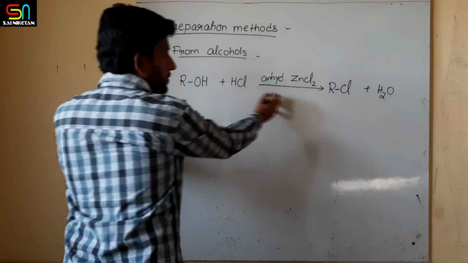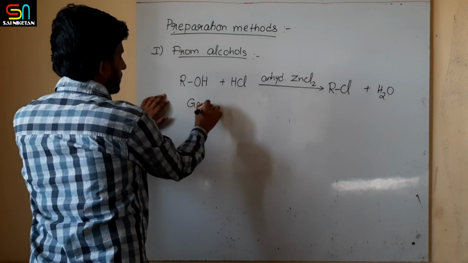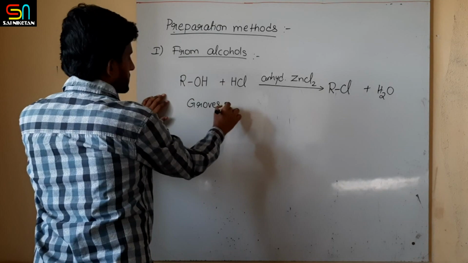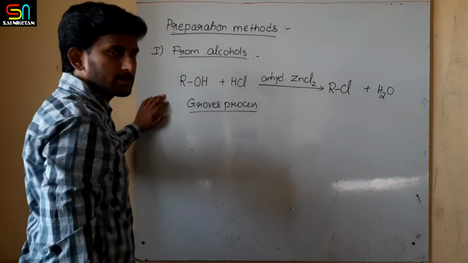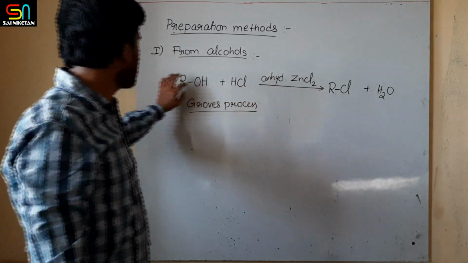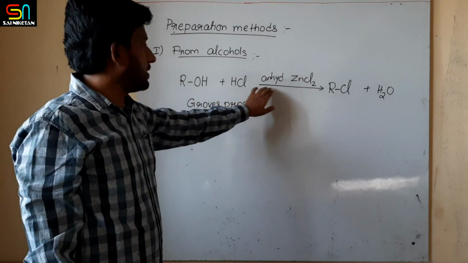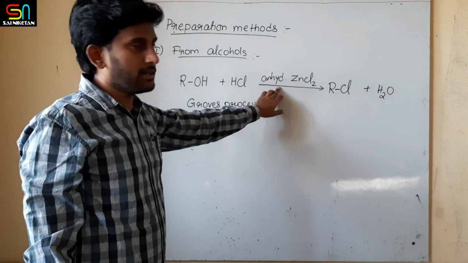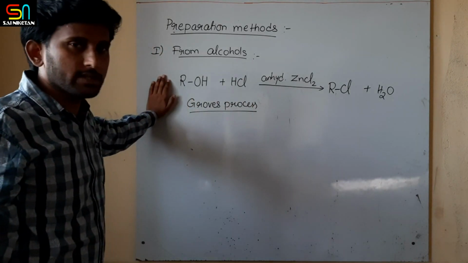This particular process has a name called the Groove's process. That is, the synthesis of alkyl halides from alcohols with HCl in the presence of anhydrous ZnCl2 is called the Groove's process.